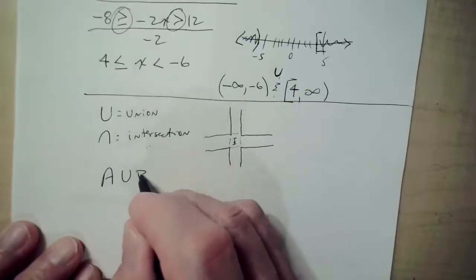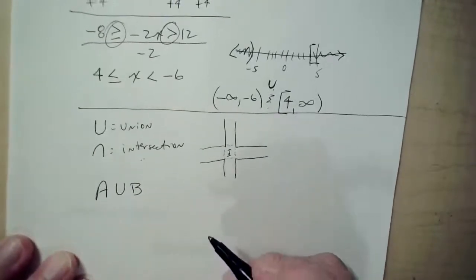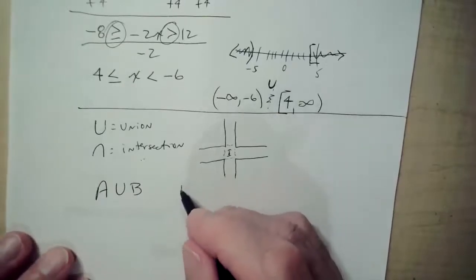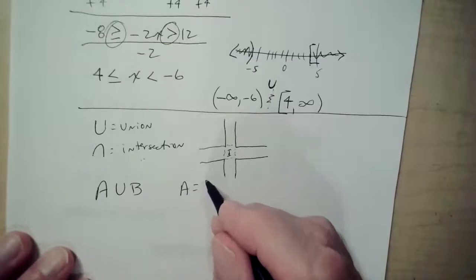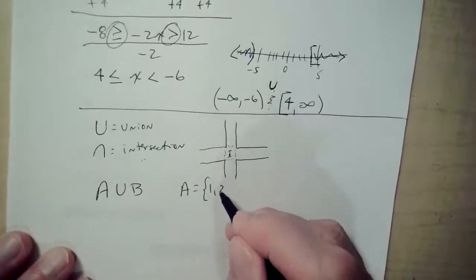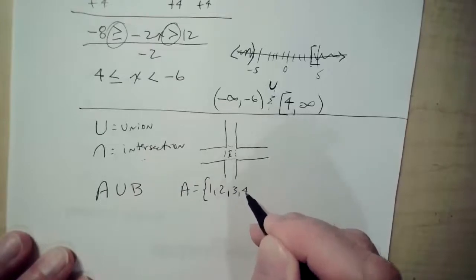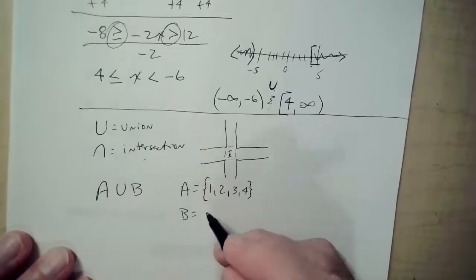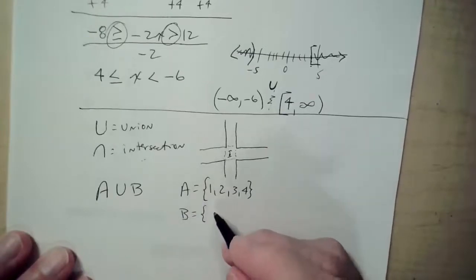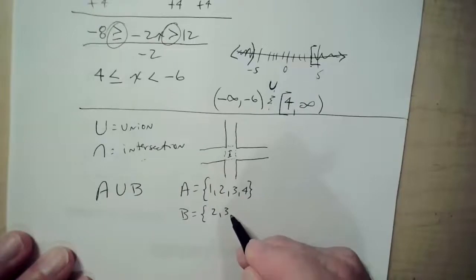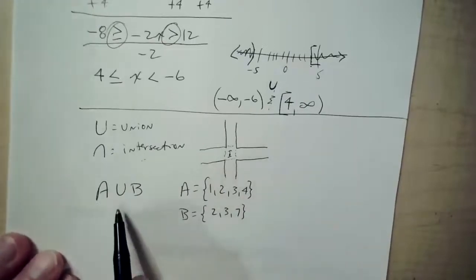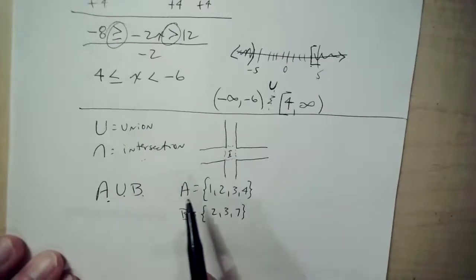Let me do this. If we have A union B, and A is the set of numbers 1, 2, 3, 4, and B is 2, 3, and 7.